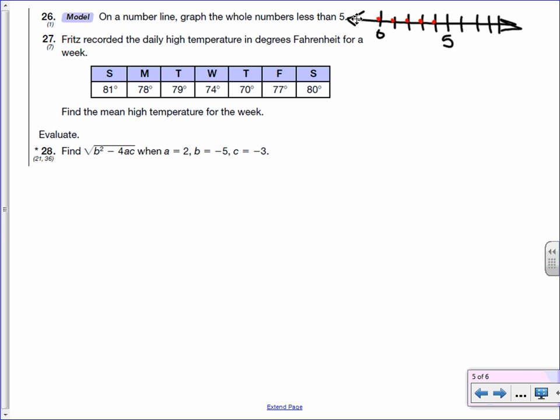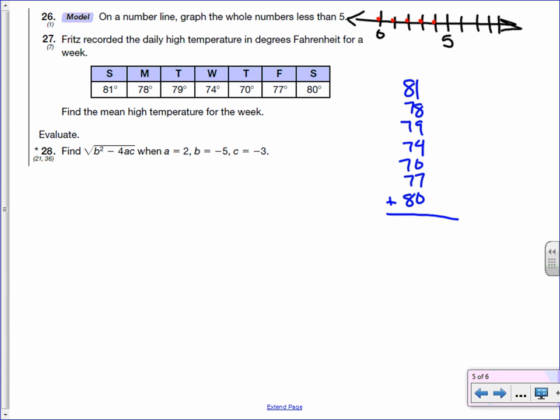Fritz recorded the daily high temperature in degrees Fahrenheit for a week. Find the mean high temperature for the week. Well, to find the mean, we have to add up all the values. So 81, 78, 79, 74, 70, 77, and 80.